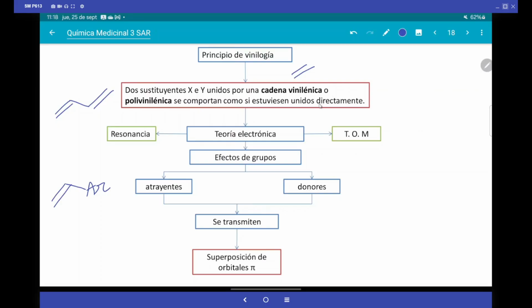We can explain that in terms of resonance or molecular orbital electronic theory, and that the effects of the attractor and donor groups are transmitted by superposition of pi orbitals.